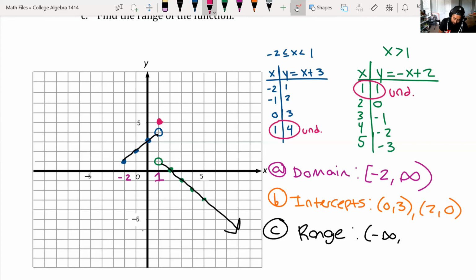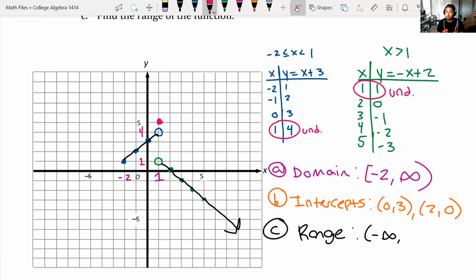Because, once again, undefined point, defined point means the y values exist at 1. So this keeps going. So since that point is defined, we keep going up, and now we have an actual break, right? We have a break when y is 4. And that point is an open circle.